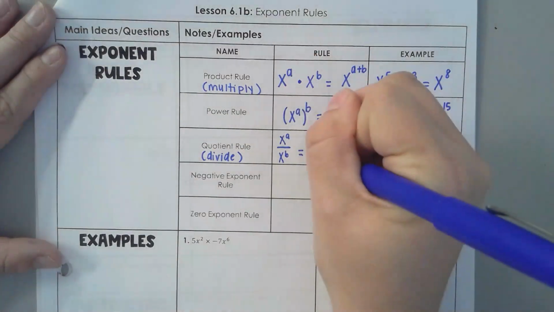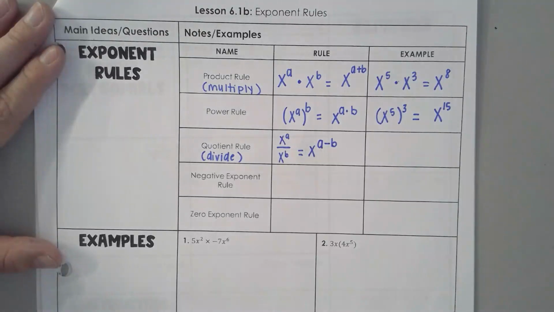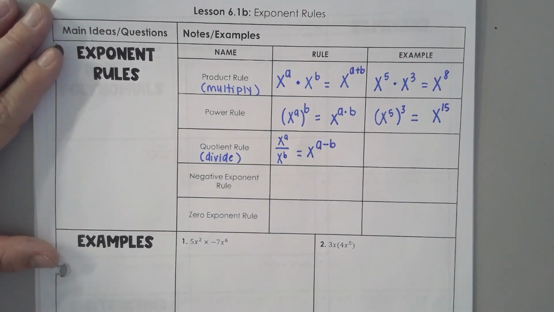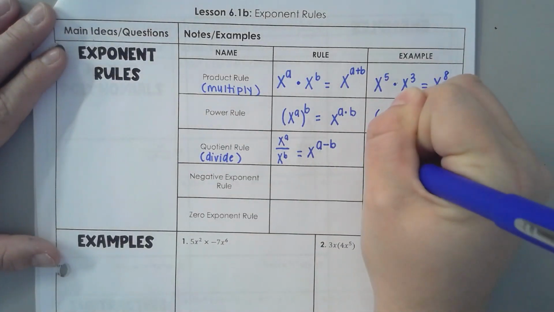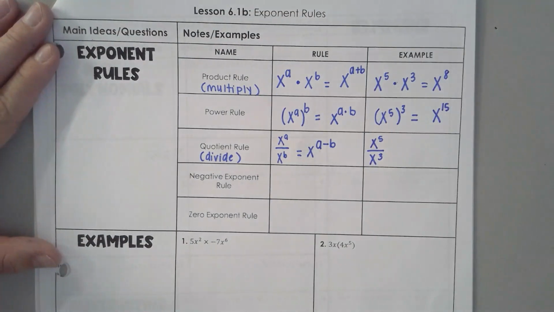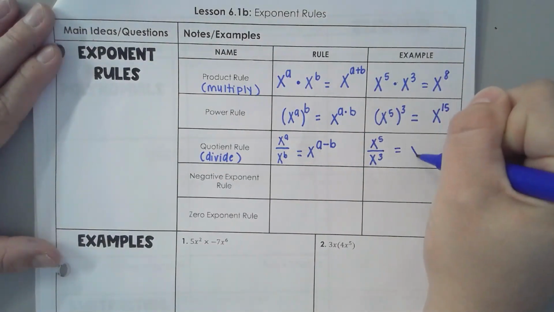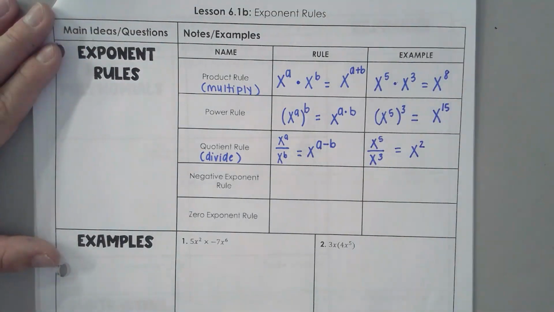Subtract them. X to the a minus b. So if I have x to the 5th divided by x cubed, that's going to be x to the 2nd, x squared.